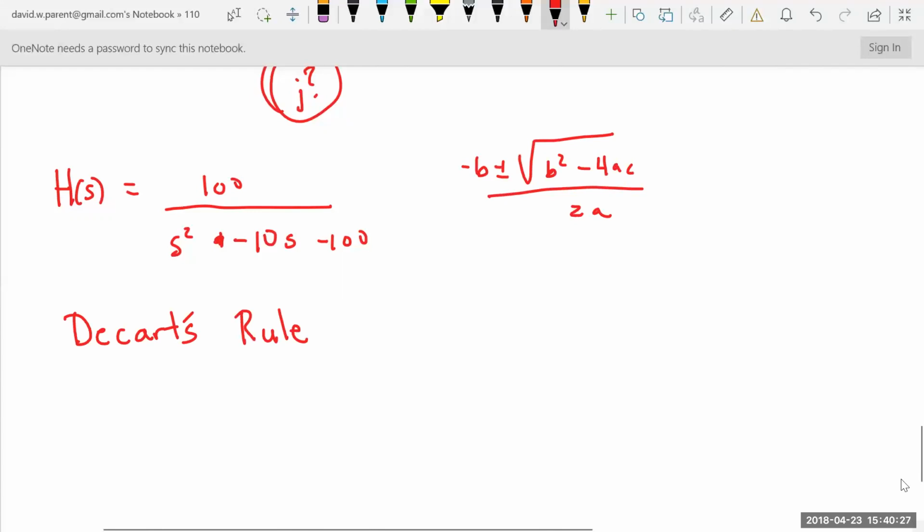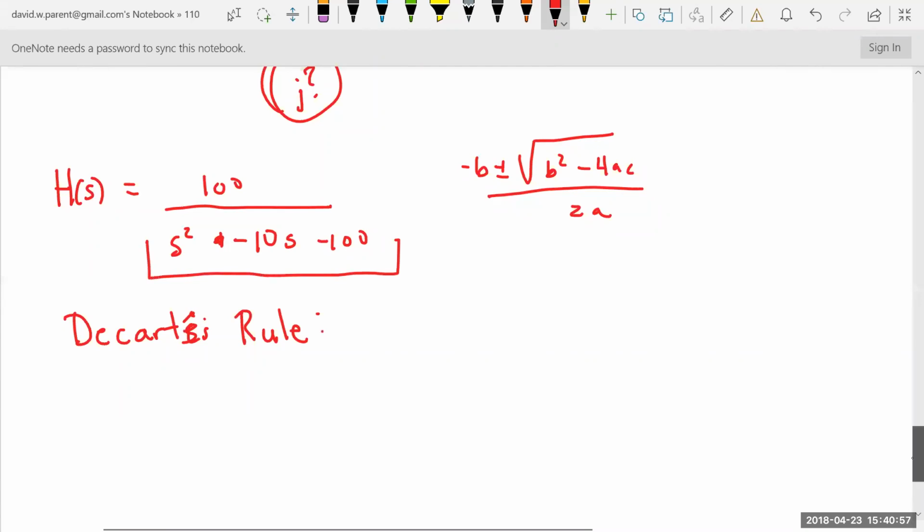Yeah, I looked it up. Anyway, it's Descartes. You know, you can say it with a French accent if you want. And really, it's all about the sign changes. Now, this was in, I think, when I did the inverted pendulum, I talked about it.